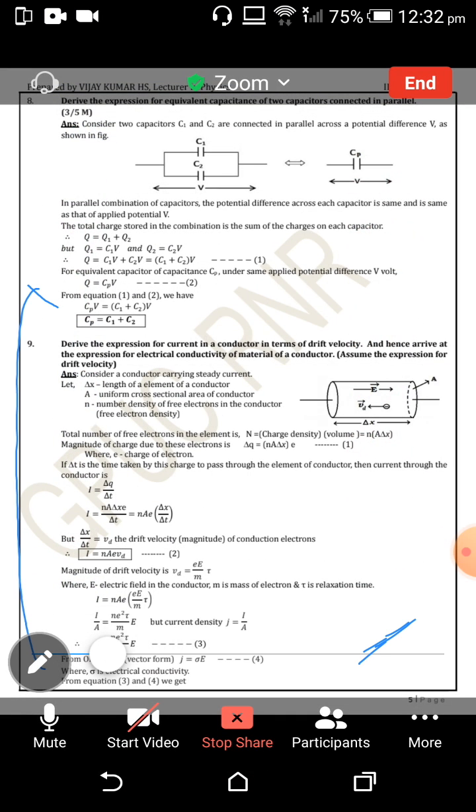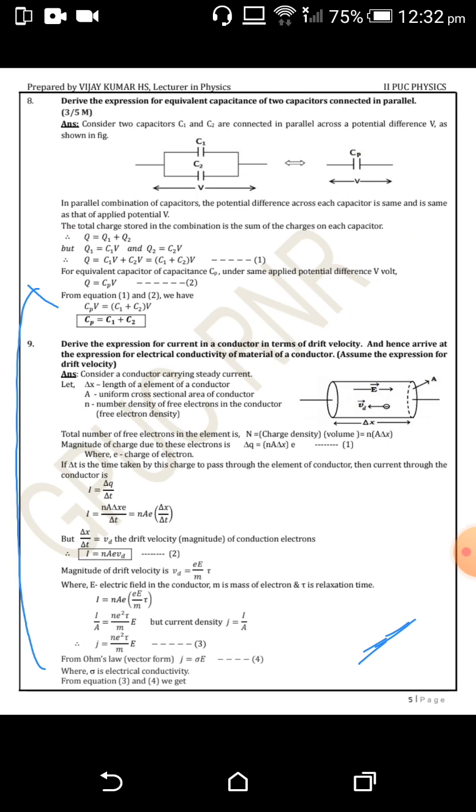Okay, fine. Any doubts regarding this derivation? So this is a sure question.